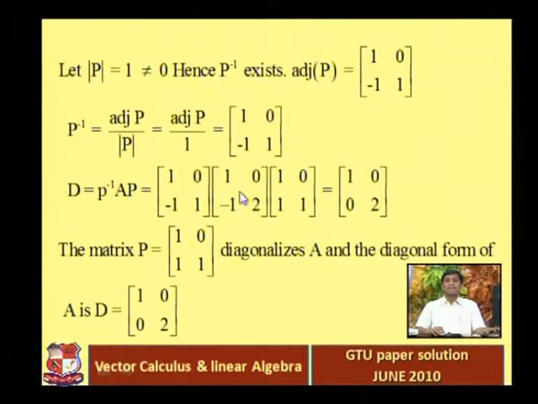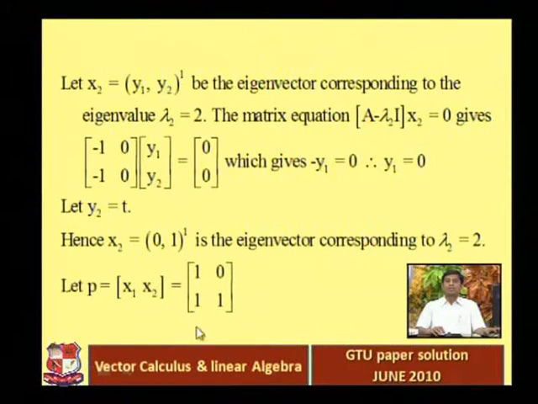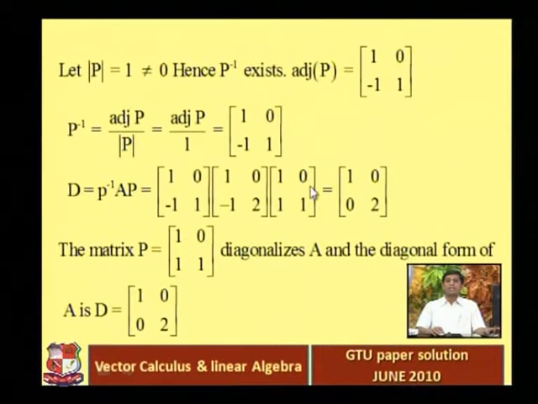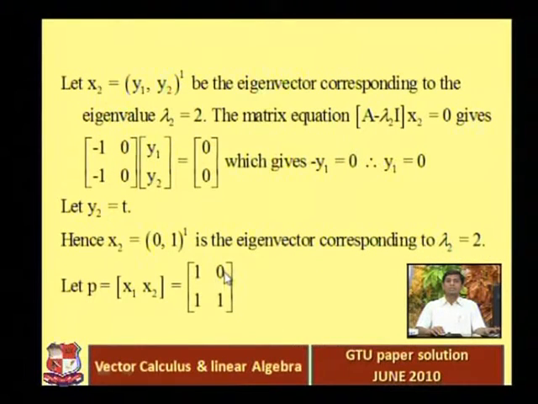It's quite easy, but directly also you can say that this capital D is the diagonal matrix, in which the main diagonal entries are exactly the eigenvalues and the other entries are 0. In P, what is the first column? The first column is the eigenvector corresponding to lambda equal to 1. So that's why here 1 in D. The second column in P is exactly the eigenvector corresponding to lambda equal to 2.